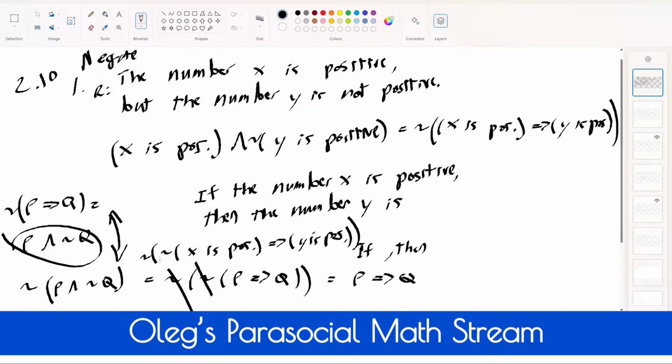Okay, and then we're going to drop the nots, and then we're going to say X is positive implies Y is positive. If the number X is positive, then the number Y is positive. Number X is positive, but the number Y is not positive. And we're negating this. Yeah, I think that's correct. Let's find out.